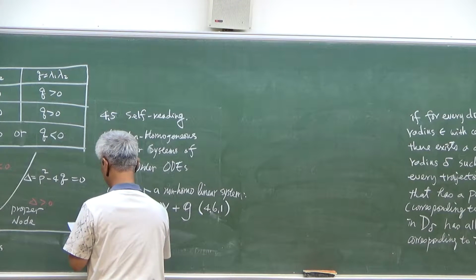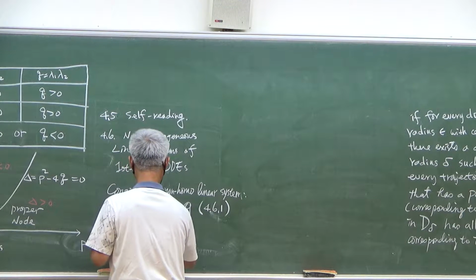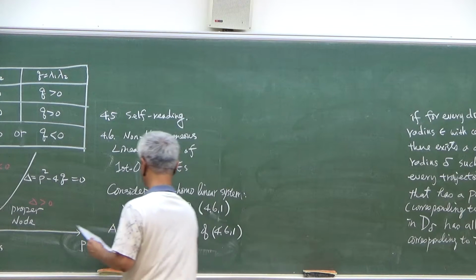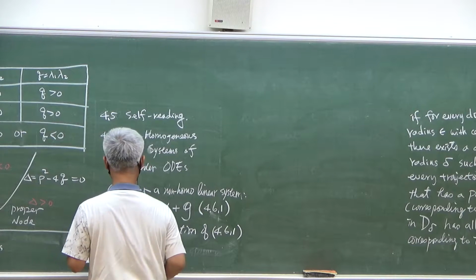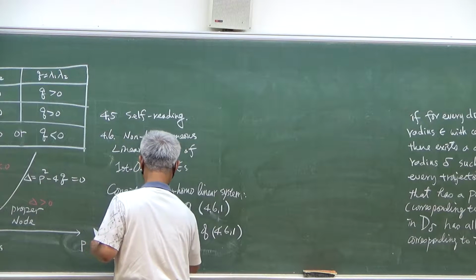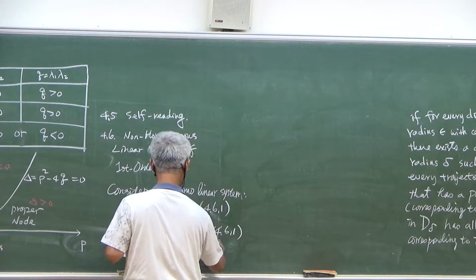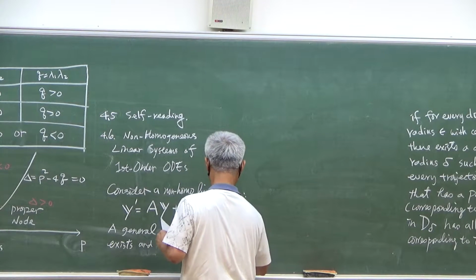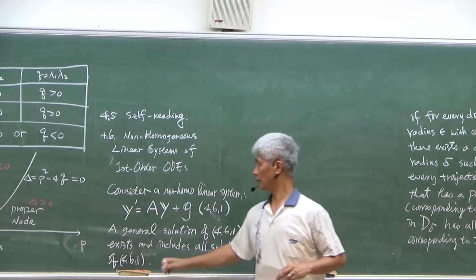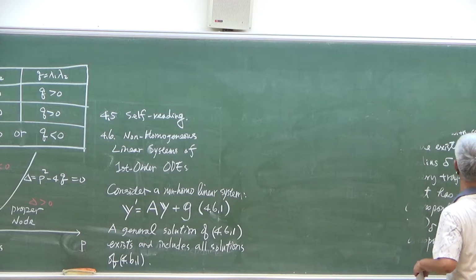Now, a general solution of 4.6.1 exists, okay? And as we know, such a general solution includes all solutions of 4.1, by a theorem in section 4.3.